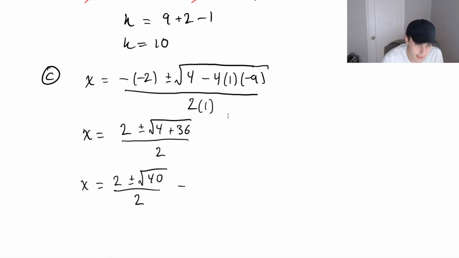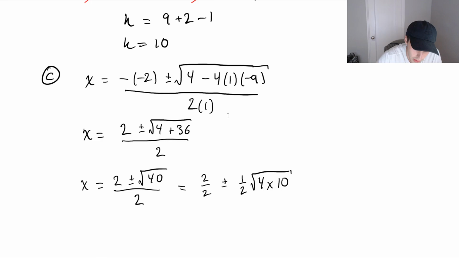And this, well, we know that that's 2 over 2 plus or minus half times the square root of 40. Square root of 40, well, that's just 4 times 10.